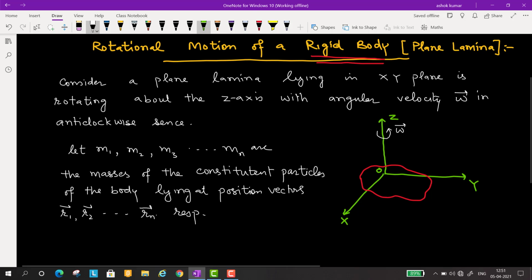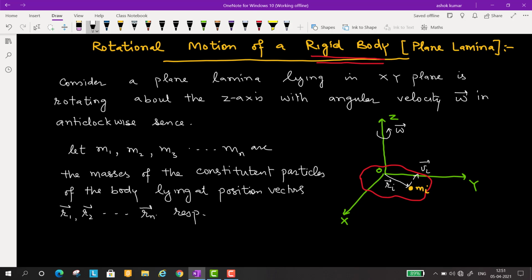And for simplicity, we assume here one particle mi, which is at position vector ri vector from the origin, and let it be moving with linear velocity vi.